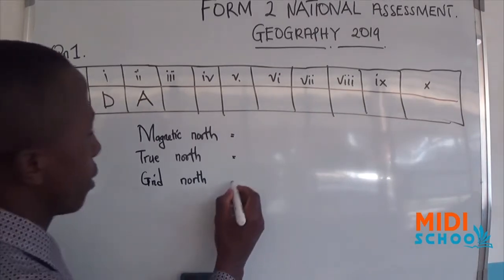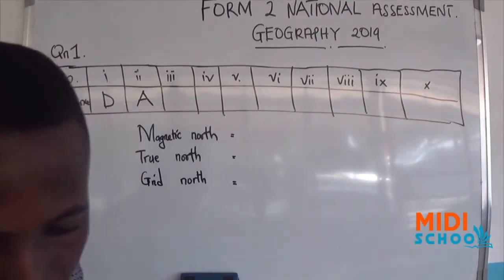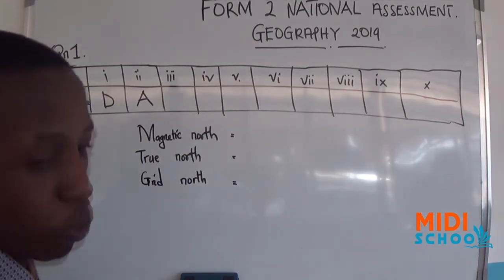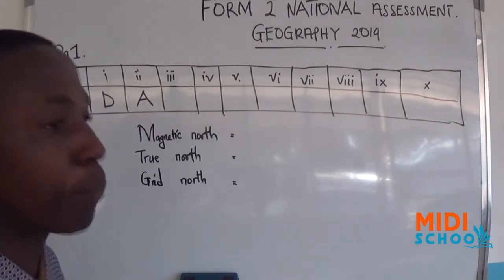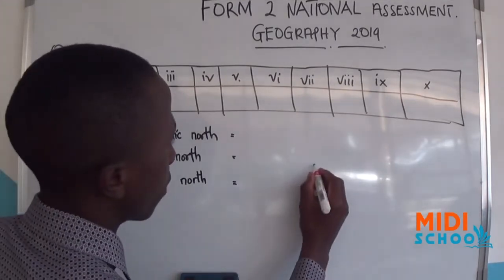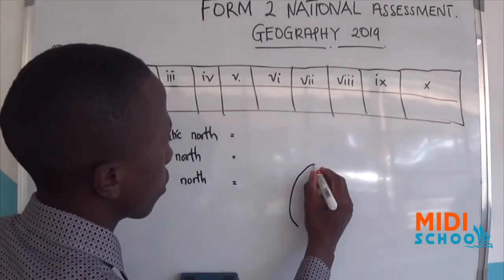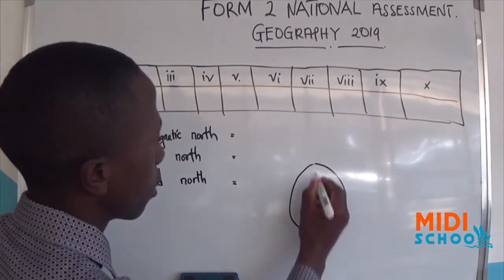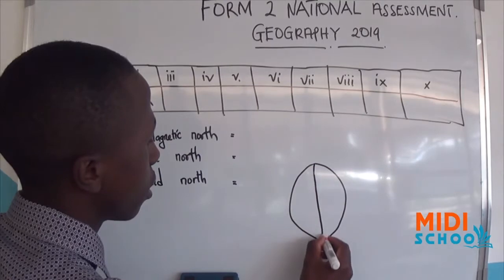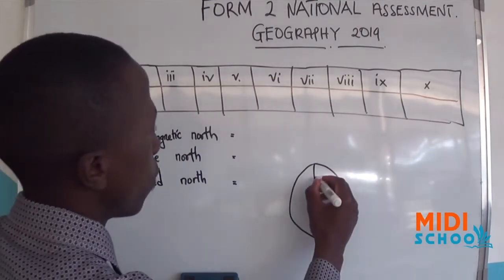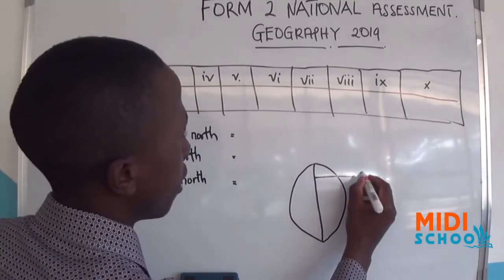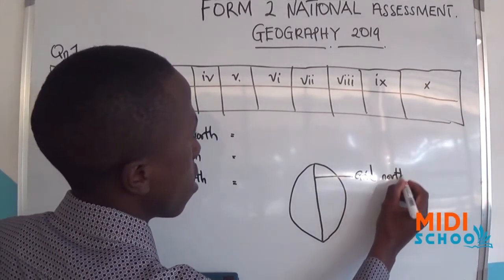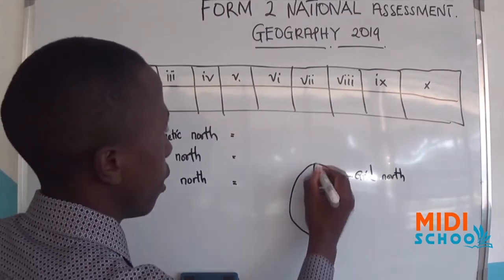But the grid north is just a navigation term referring to the direction northward along the grid lines of the map projection. In drawings, you can draw like this. This one is a grid north.